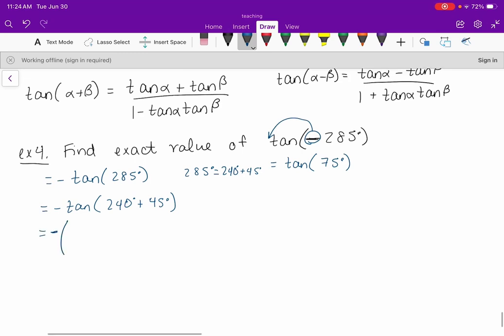And this negative is just going to be out in the front the whole time. This is like my alpha. This is my beta. So tangent 240 plus tangent 45 divided by 1 minus tangent 240 times tangent 45.